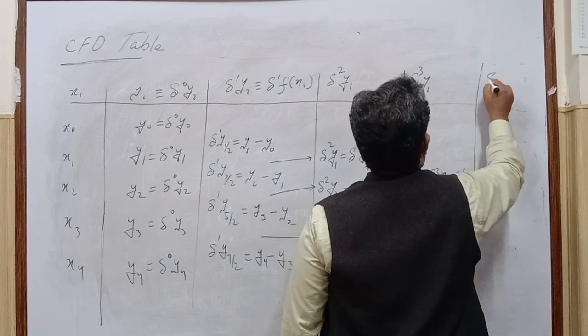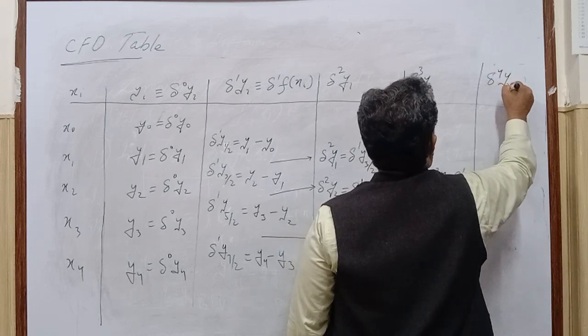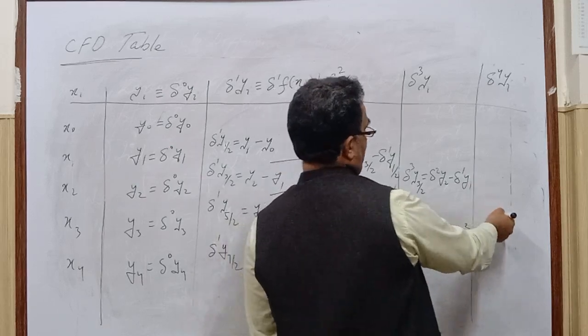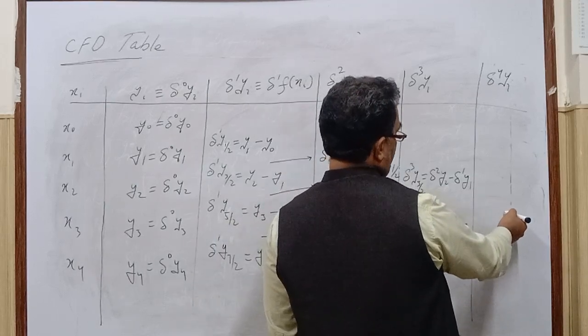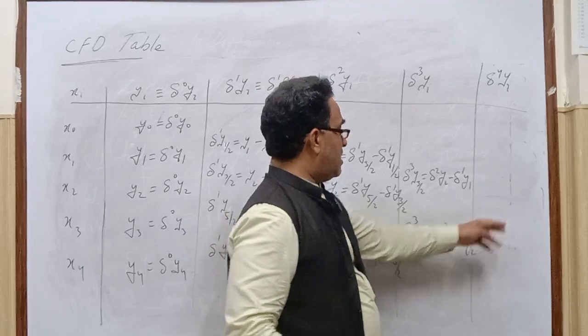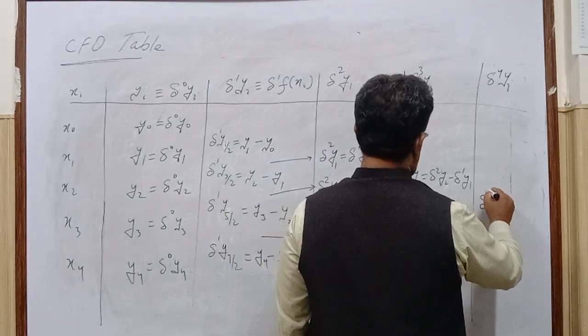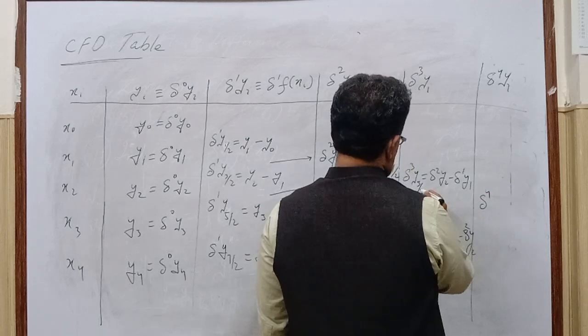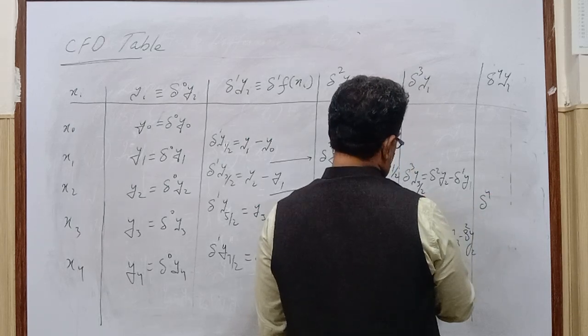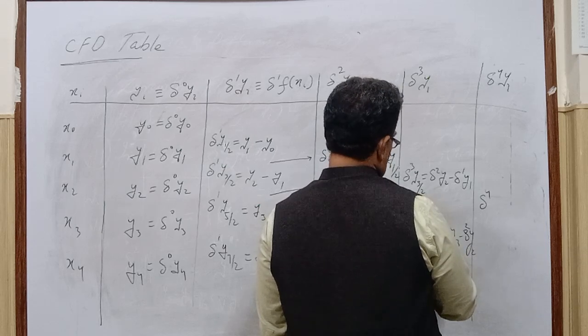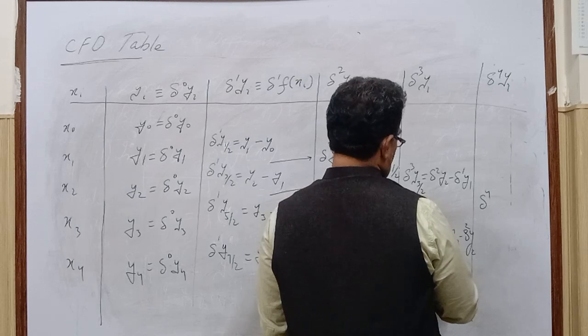And the last one is the fourth CFD. There are only two values left in the previous column, so over here we obtain only one entry in this column. That is delta 4. We will take the average of these values, 3 over 2 plus 5 over 2 and divide by 2. 3 over 2 plus 5 over 2 is 8 by 2, and 8 by 2 divided by 2 is 2.